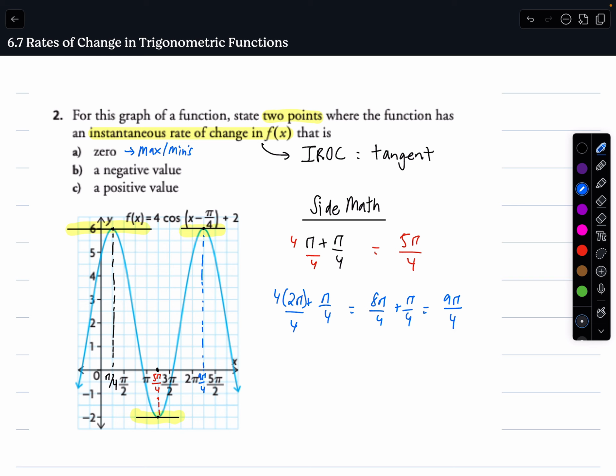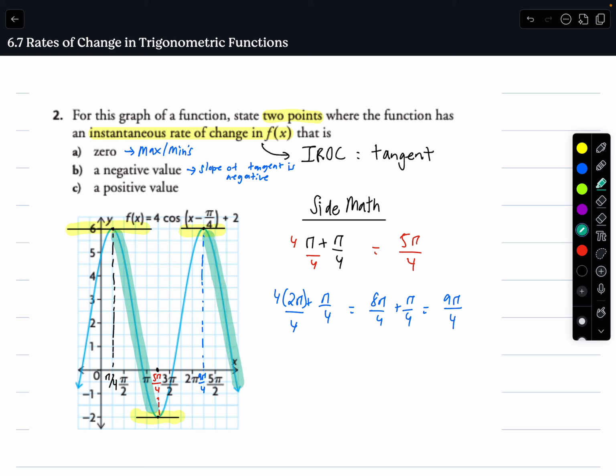Okay, so a negative value is when the slope of the tangent is negative. So there are actually a lot of places where this slope is negative. So if I look here, anywhere on this side, anywhere over here, the slope would be negative, and anywhere over here, the slope would be negative.